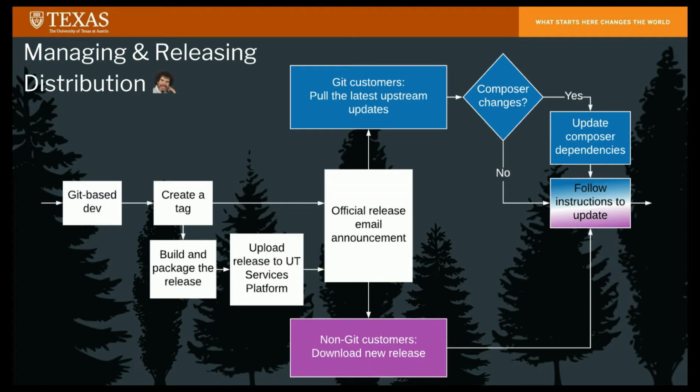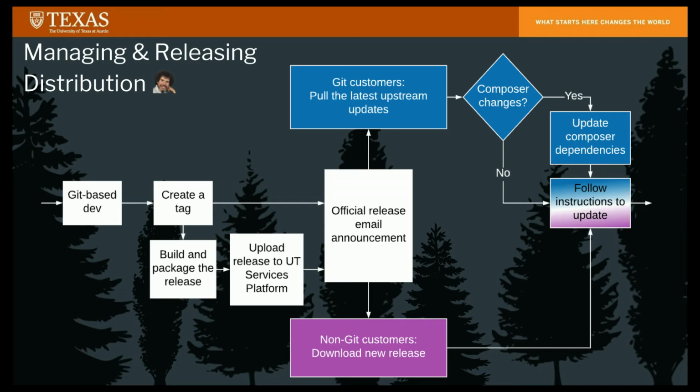and here it can split into two different options. We can either do the official release of it, but we don't necessarily want to do that because there are some customers that don't have any Git experience. For those customers, we build a package, the release, and then we upload it into a UT services platform, in which it's pretty much a compressed version of the distribution.